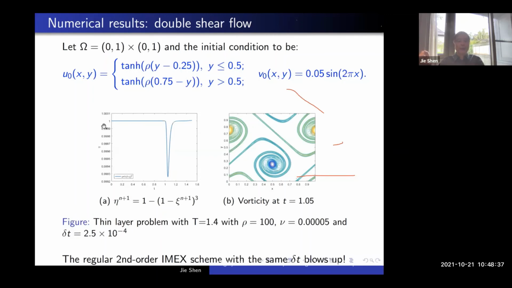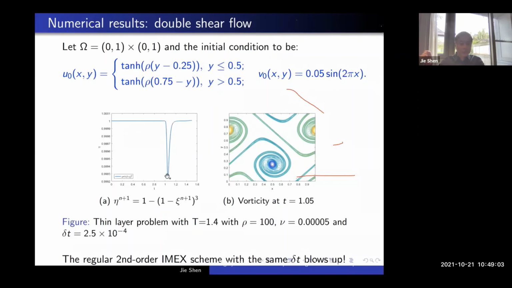But with our SAV approach, you see we have this factor here. We used a third order scheme. We have this SAV factor, which is supposed to be a very good approximation to 1. But at this point where the semi-implicit scheme blows up, it has to adjust the SAV factor a little bit.